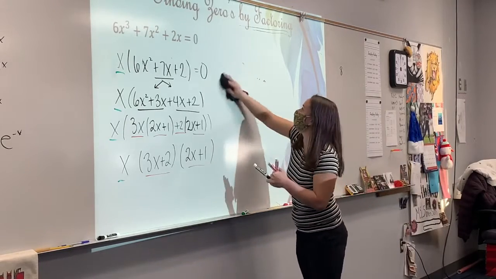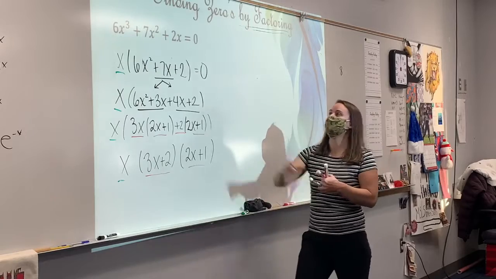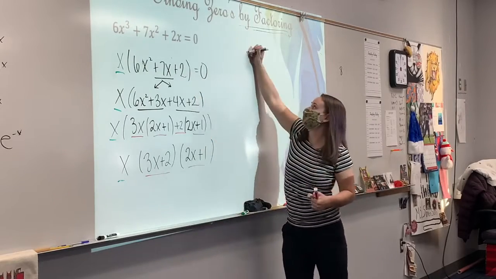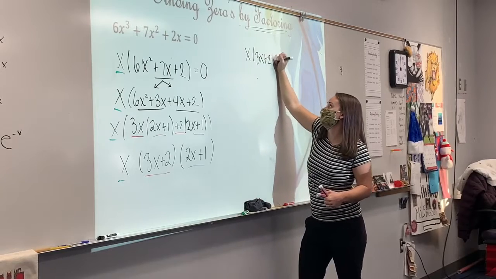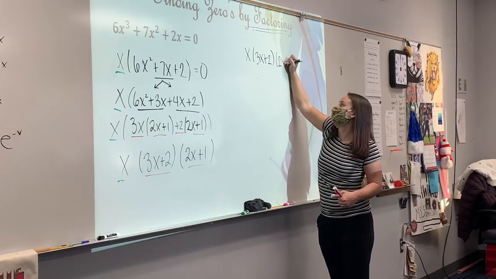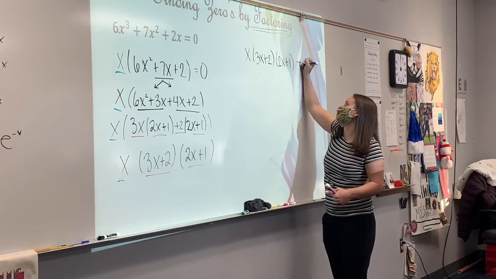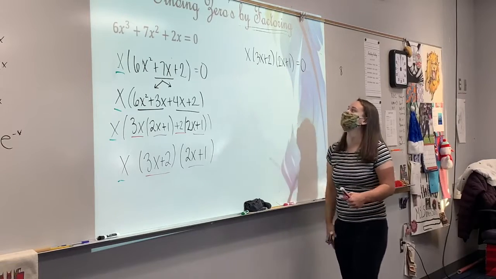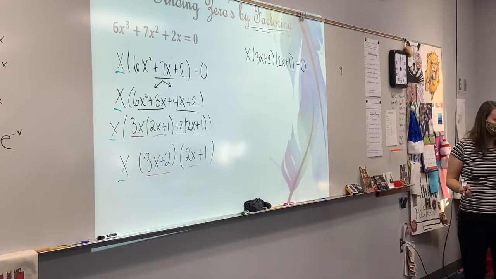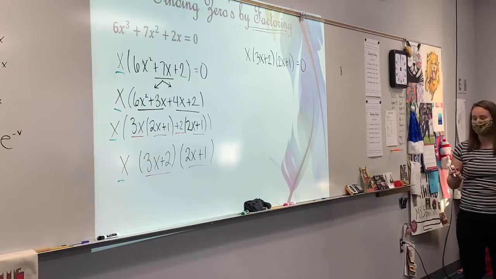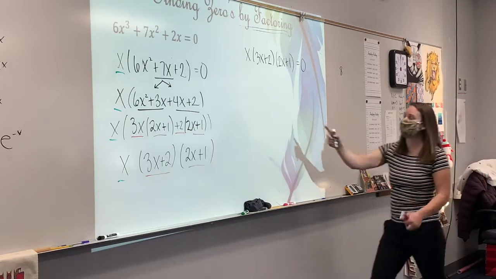We have rewritten this thing right here in factored form. And now I need to solve it. I need to find the three numbers, or maybe two, or maybe one, that make this equal to 0. One of them is easy. It's the one on the outside.